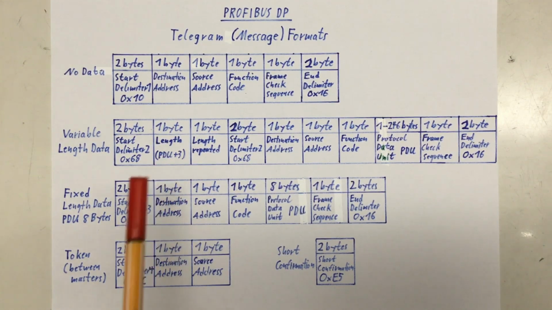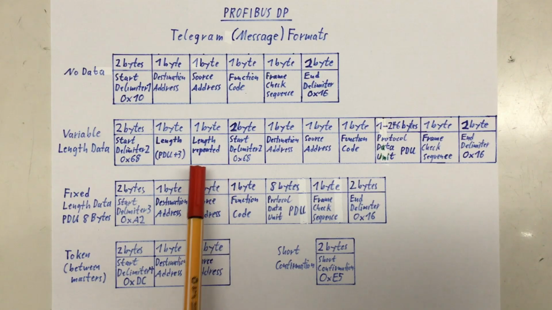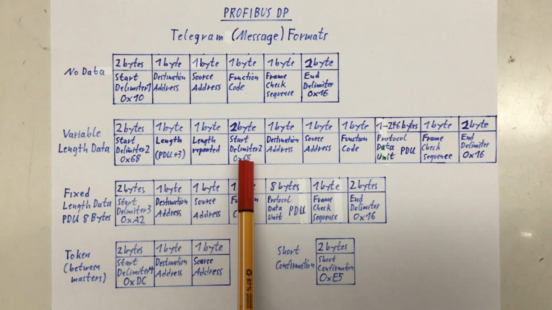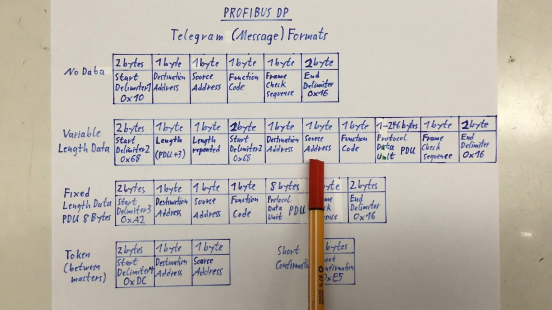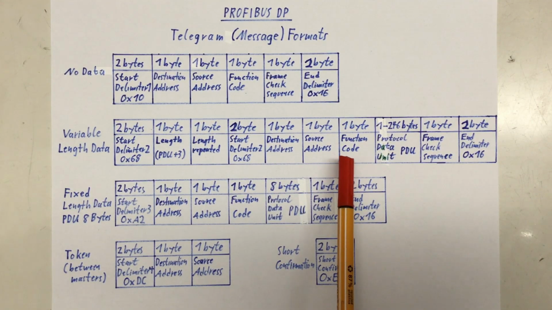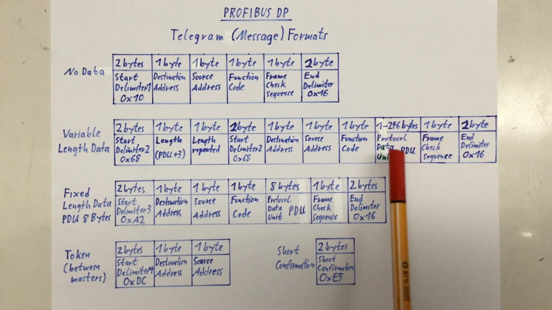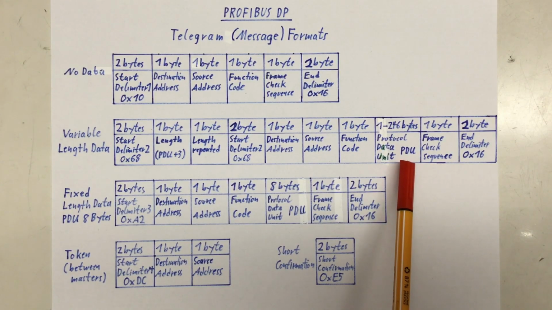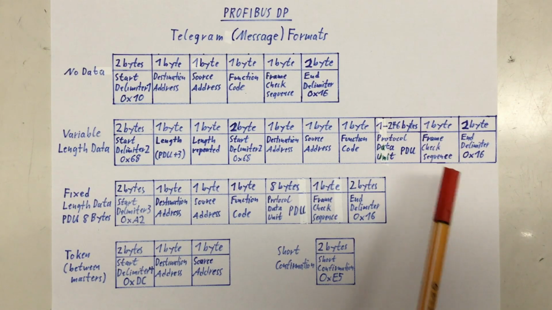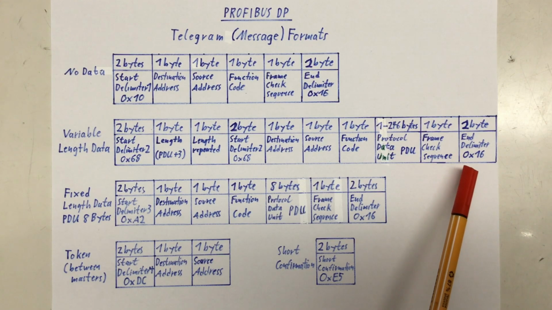We'll come back to that later. In the next byte, the length is just repeated. Then the start delimiter is repeated. It follows the destination address, the source address, the function code, and then 1 to 246 bytes of protocol data unit, or PDU. At the end, we have our frame check sequence and then the end delimiter.